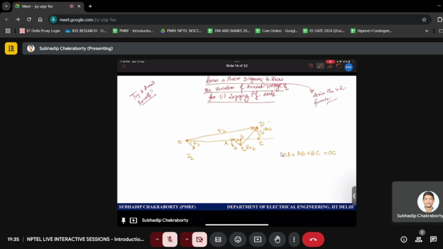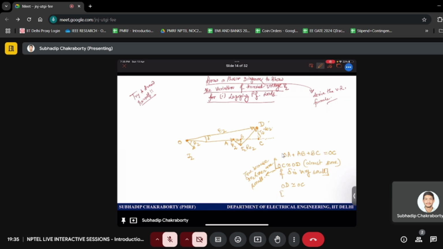Let this point be D. Now OC and OD can almost be assumed same if this delta is very small. And it is true. Why? Because RE2 and XE2 are small. That's why we can assume this delta to be very small. And if so, then OD and OC are also very small.